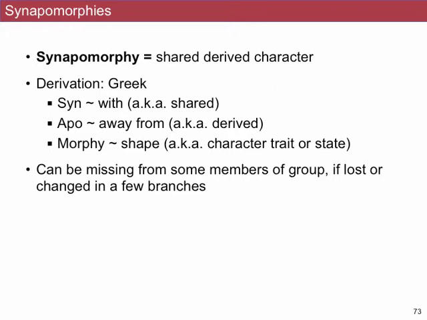Apo means away, that is the derived state. And morphe is just the shape or form, that's the trait. So we will use the term synapomorphy a lot, probably. It can be used to refer to a shared derived trait or a shared derived state of a particular trait.